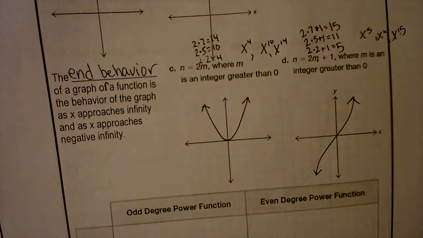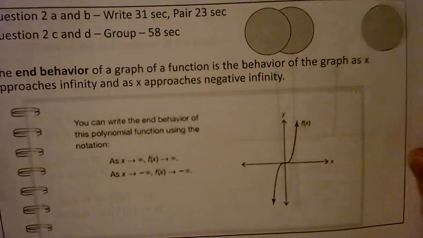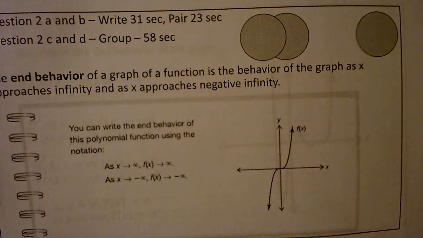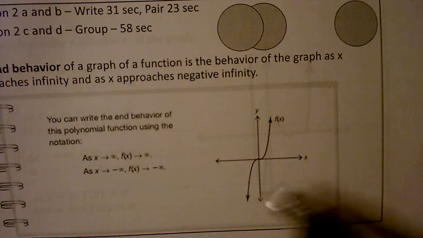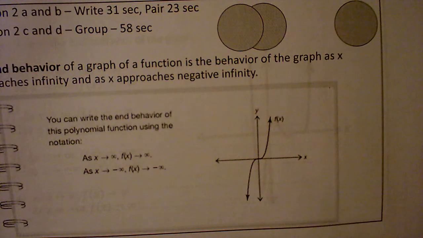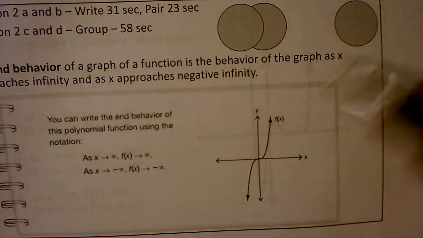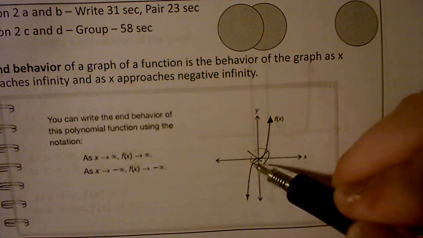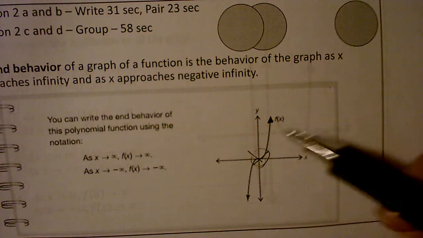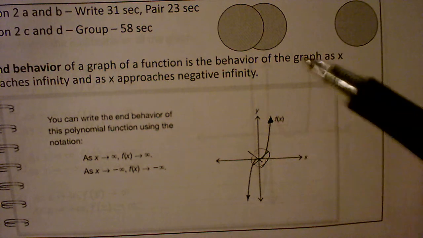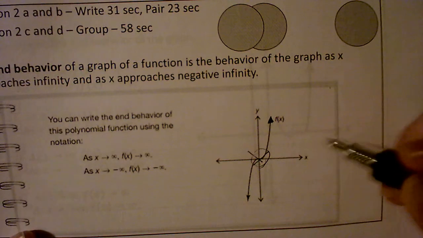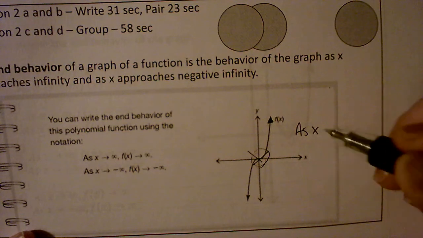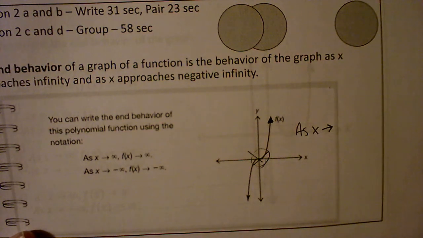Alright, so the example that I have in the PowerPoint for end behavior is here. So we're going to walk through that really fast and just how we write end behavior. So if you look at this graph here, if I was to write the end behavior, we're looking at just the ends. So what's going on here in the middle doesn't matter at all. Okay? So the way that we write this is as x approaches, we'll just do with a little arrow.